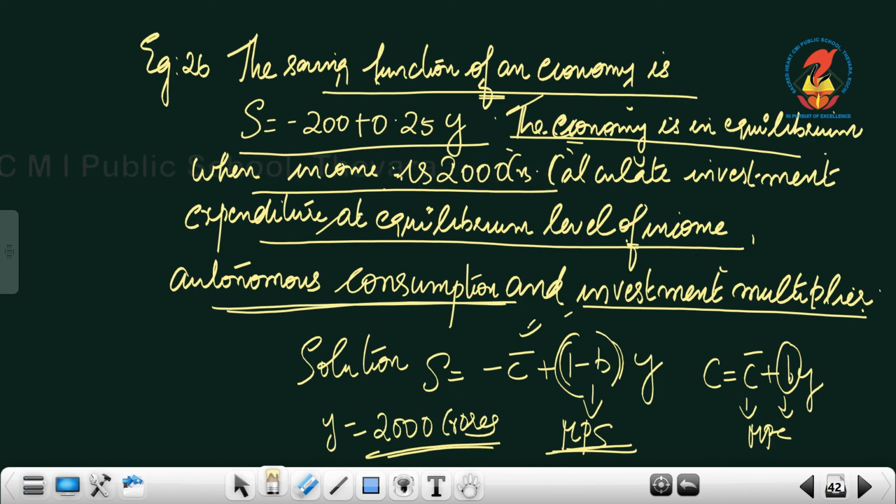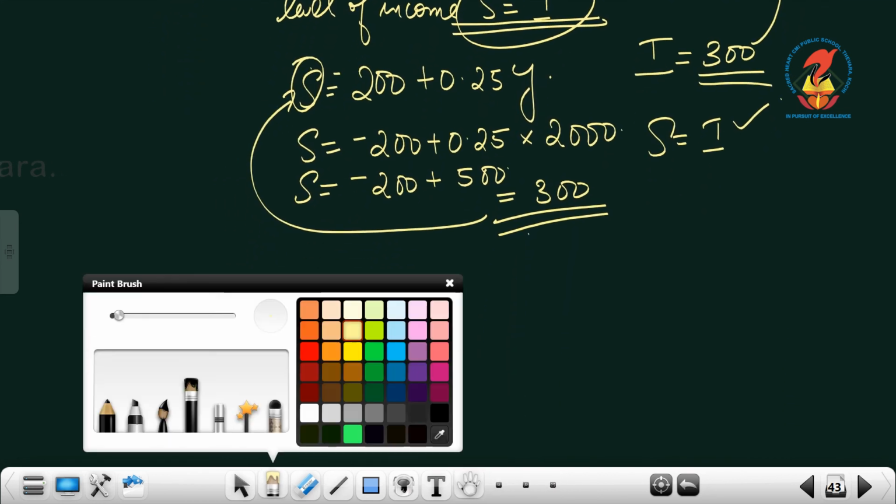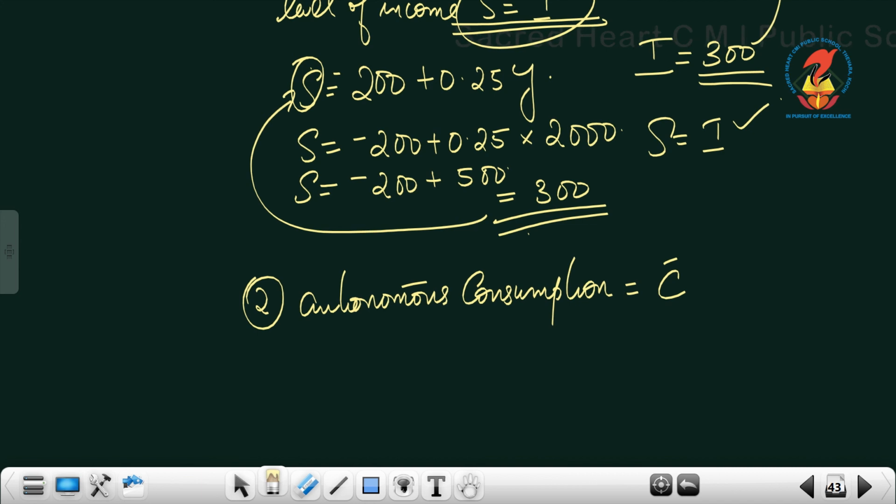Second part is find out autonomous consumption. How will you find out autonomous consumption? What is autonomous consumption actually? Autonomous consumption is C bar. Now, in the saving equation, what is given actually?